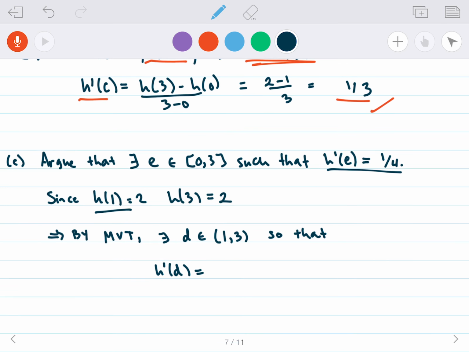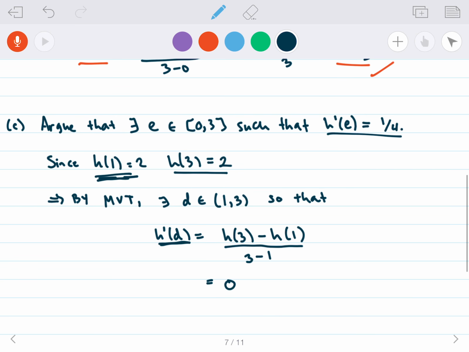So here our a is 1 and our b is 3. And so we have h of 3 minus h of 1 over 3 minus 1, which gives us 0 over 2, which is 0. So there's some d in our interval for which h prime of d is equal to 0.